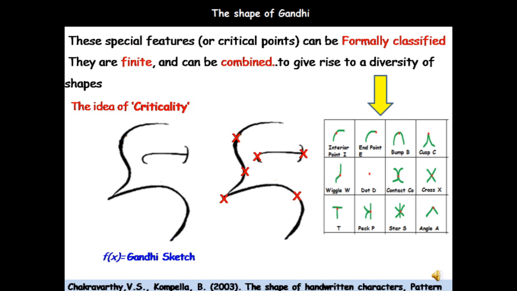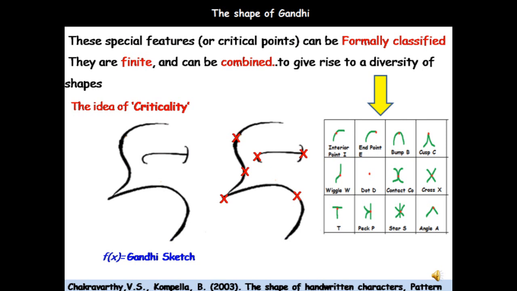In a very nice work way back in 2003, Chakravarty and Kompella proposed a set of just 12 shape features which is sufficient to characterize the shape of any trajectory in general. And they can be formally classified in a very easy way.